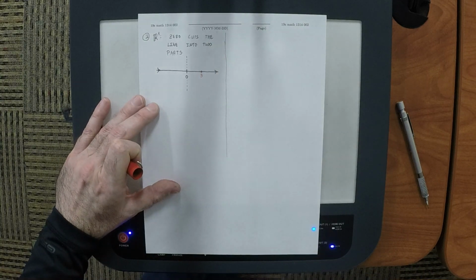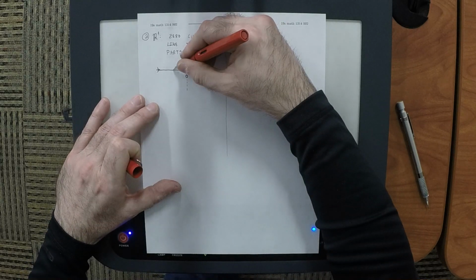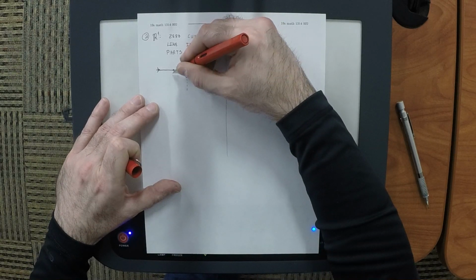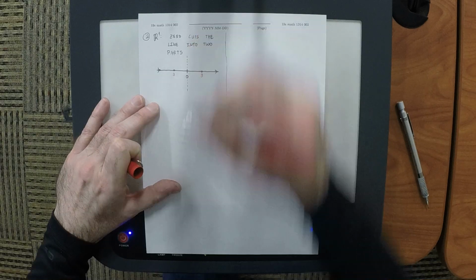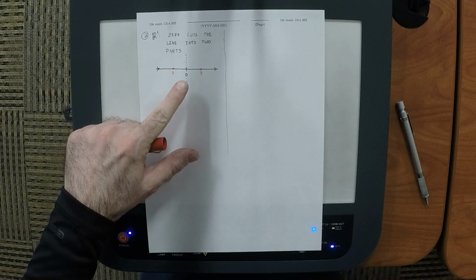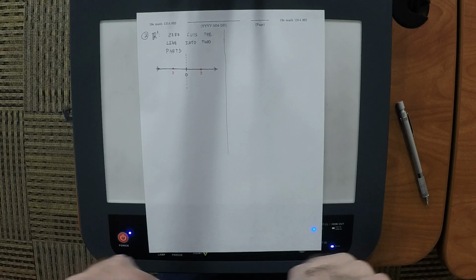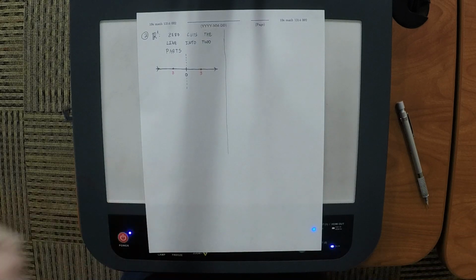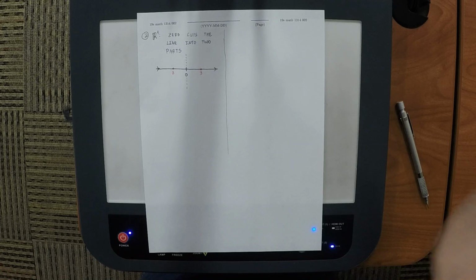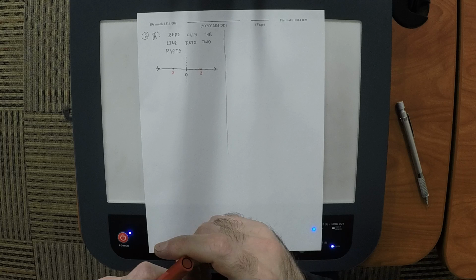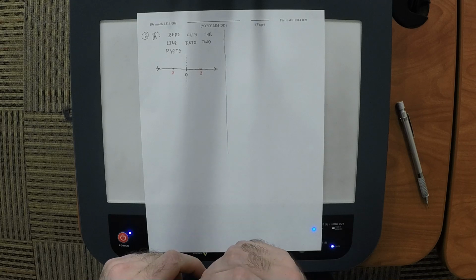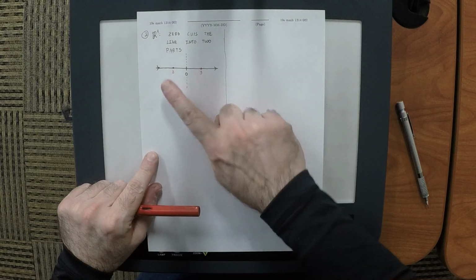Well, there's another point that is also distance 3 from 0. But we can't call them both 3. One of them has got to be positive 3 and one has got to be negative 3. How are we going to make that decision? Of course, we all know that that one's going to be positive 3 and that one negative, but why?